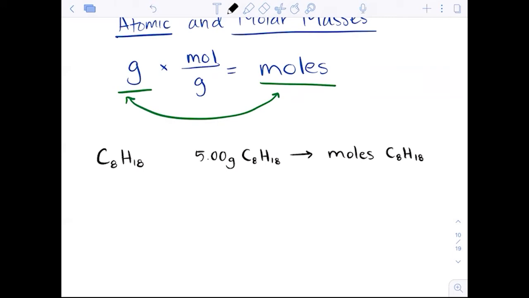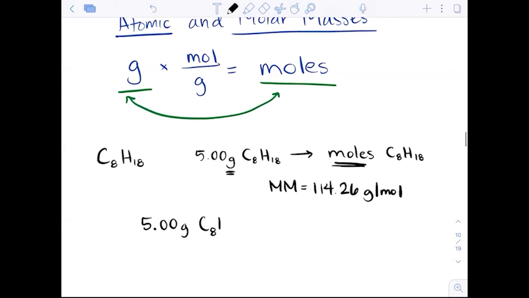And so what we'll want to be able to do is remember all of our lovely molar masses, atomic masses, things like that, because how we go from grams to moles is through the molar mass. The molar mass for C8H18 is 114.26 grams per mole.